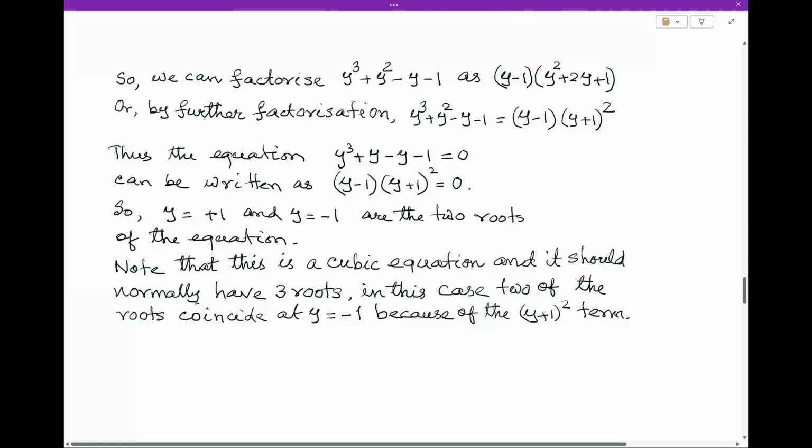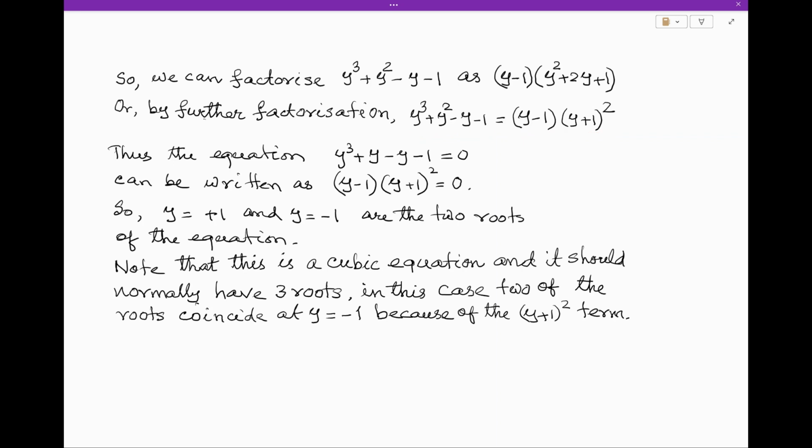So we can factorize y cubed plus y squared minus y minus 1 as y minus 1 multiplied by, within parentheses, y squared plus 2y plus 1. Or by further factorization, y cubed plus y squared minus y minus 1 is equal to y minus 1 multiplied by y plus 1 whole squared.